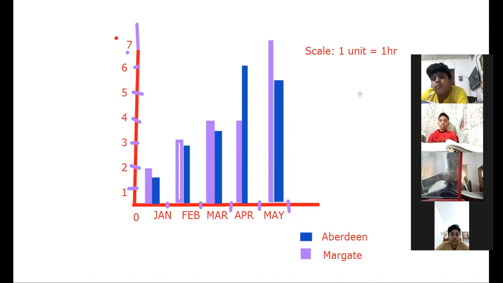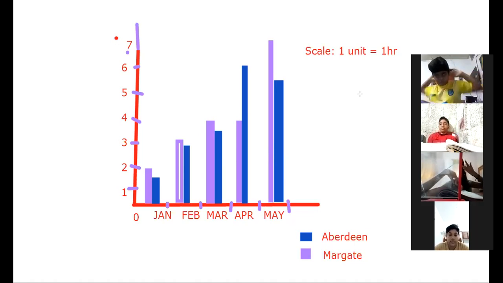Is the drawing of a double bar graph clear? It's the same as our simple bar graph. The only difference is that we have to choose two sets of data and represent both in a single graph.